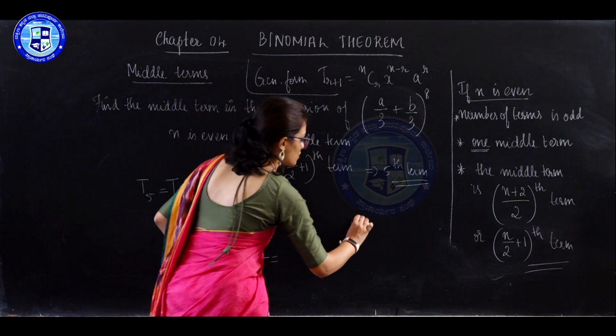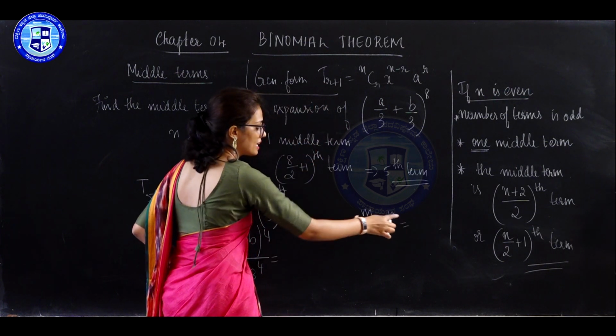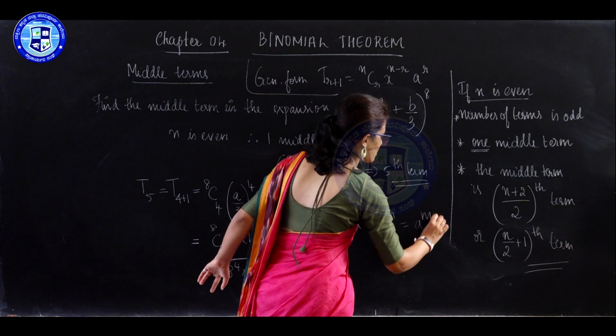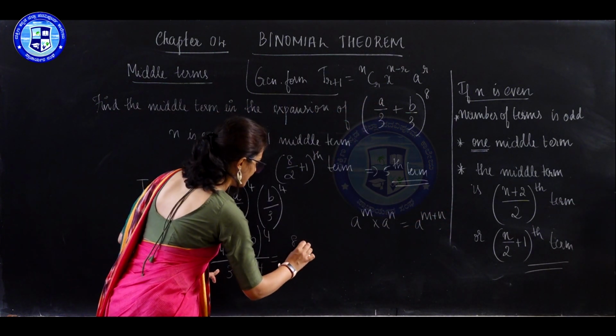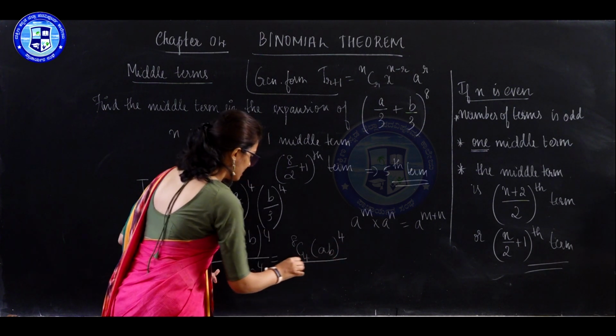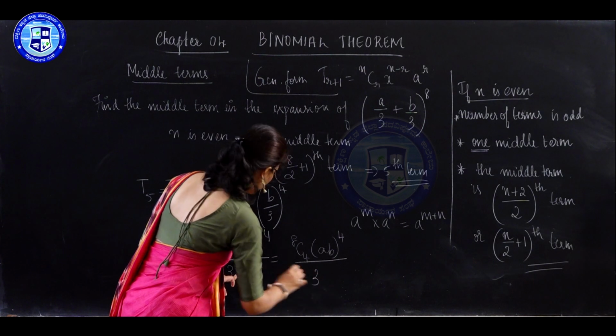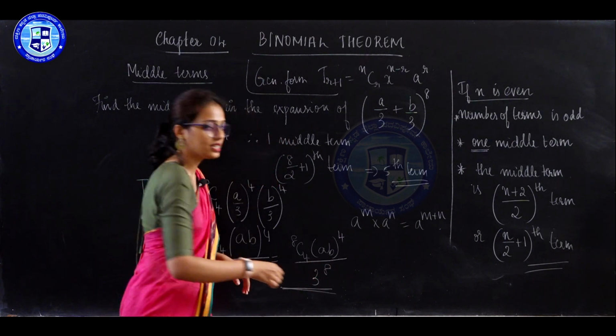So a to the power m into a to the power n, what happens? The powers get added up. So you can write a to the power m plus n. Is that right? So you can write this as 8C4 ab to the power 4, divided by 3 to the power 4 plus 4 is 8, and this will be our required answer.